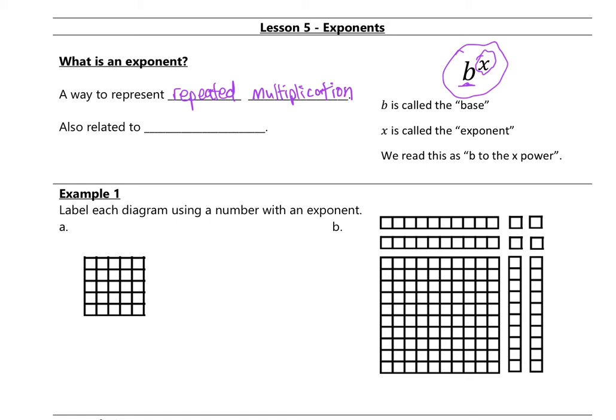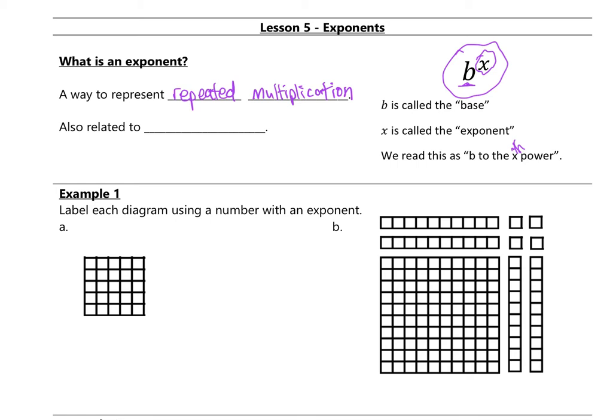But b is called the base, x is called the exponent, and no matter what the numbers are, you would read it as b to the x power. So that could be 2 to the third power, 5 to the 7th power, or 6 to the 4th power, things like that.